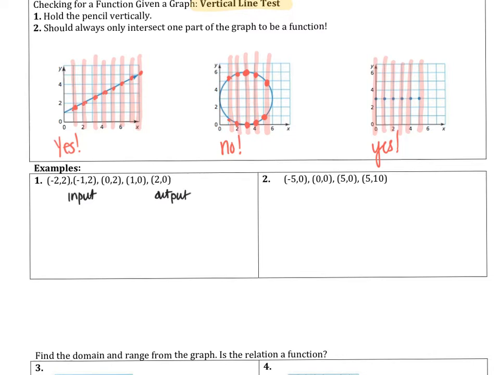Remember, my inputs are all x values. So for my input, I'm going to list -2, -1, 0, 1, and 2.